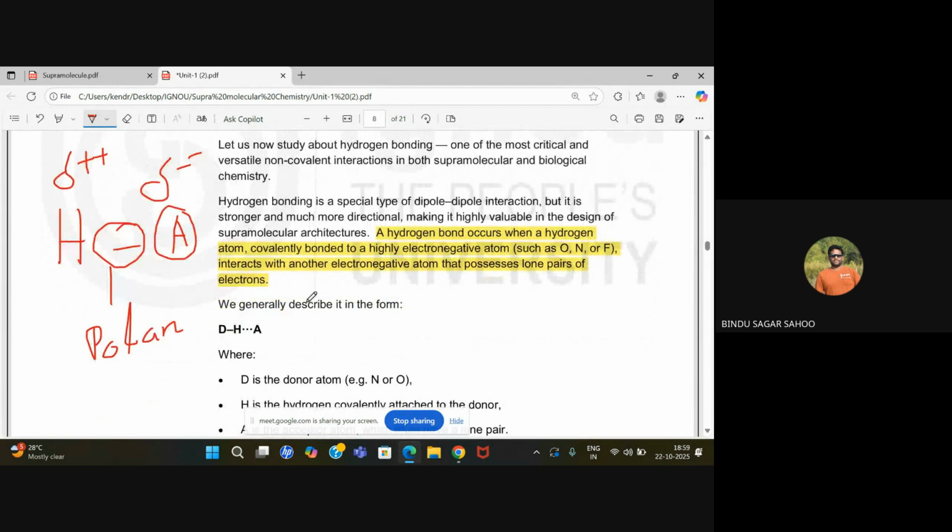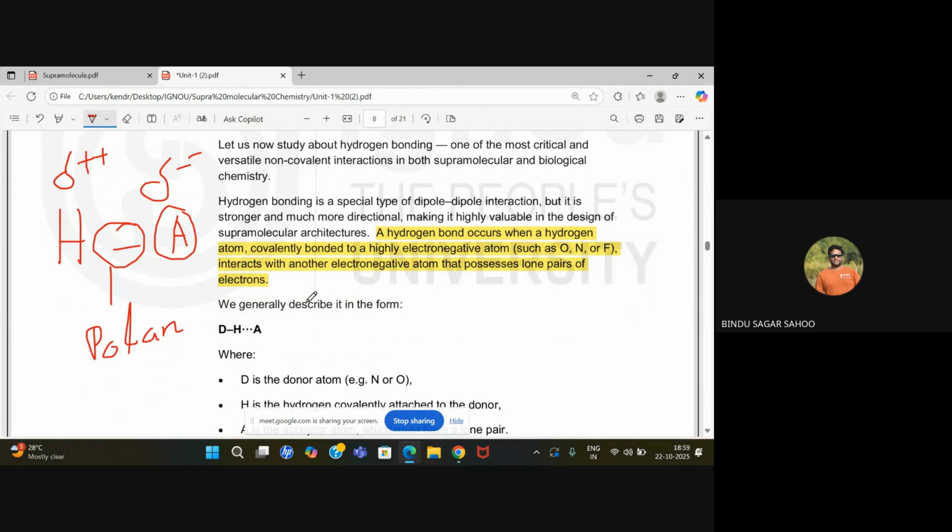So particularly hydrogen atom will make hydrogen bonding with oxygen, nitrogen, and fluorine atoms, not with other types of atoms like carbon, sulfur, selenium, because the electronegativity difference between hydrogen and these atoms is very, very small. So it will form hydrogen bonds with highly electronegative atoms.